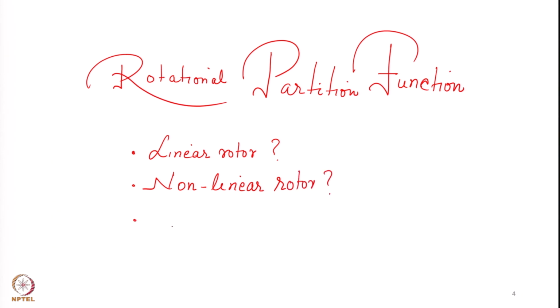And the third thing, we need to know what is the value of symmetry number. The other information which you need is, in this case, linear rotor means you need the value of rotational constant B. Non-linear rotor, you need to have the value of A, B and C. Everything else is a constant there: h, Planck's constant, k, Boltzmann constant, c, speed of light.